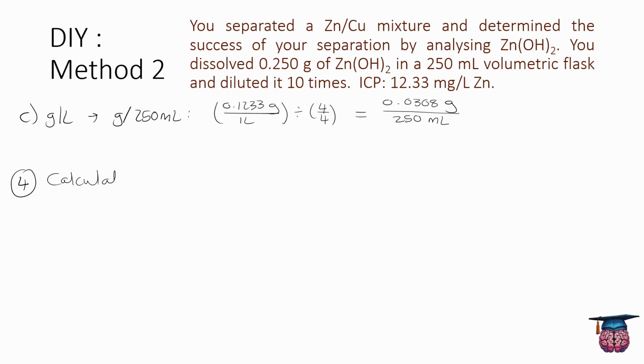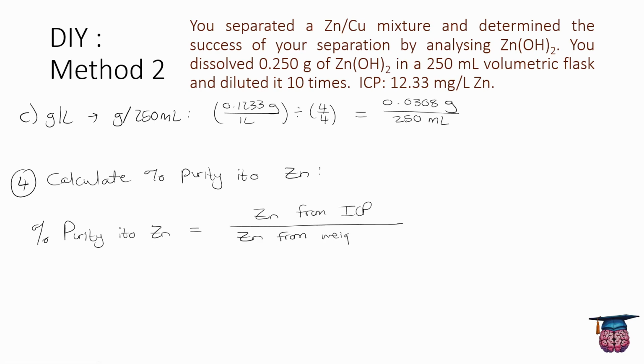Finally, we can calculate our percentage purity in terms of zinc. So this is once again our zinc from our ICP divided by our zinc from our weighed sample multiplied by 100.